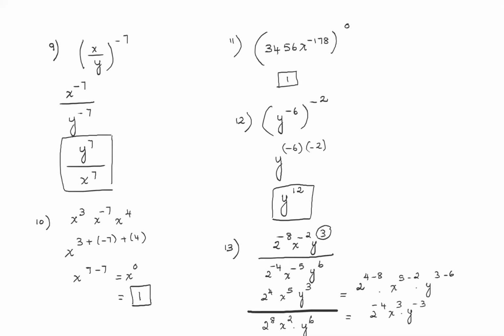But you can flip it. So only x stays in the denominator, everything else goes to the numerator. And you can simplify the answer, you can write this one as 16. So I can change this one to 16. So this is our answer.